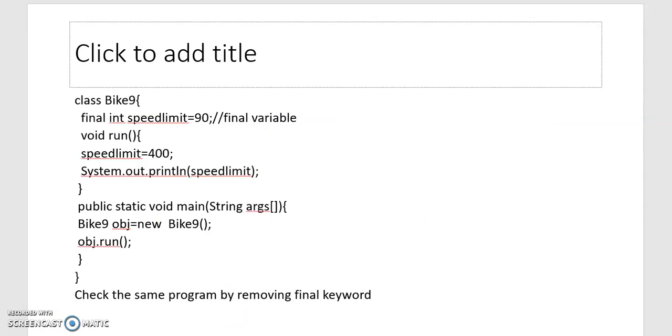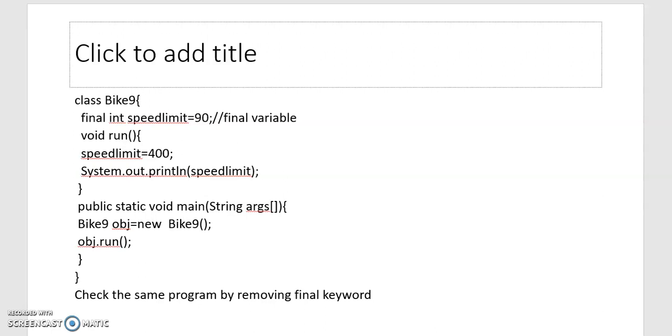So we will check this program right now. You have a program like class Bike9, and you have a speed limit int variable which is declared as final, and it has a function run, which is supposed to set the speed limit to the value 400 and display the value of the speed limit. Now you have an object being created, and this object is supposed to call this function run.